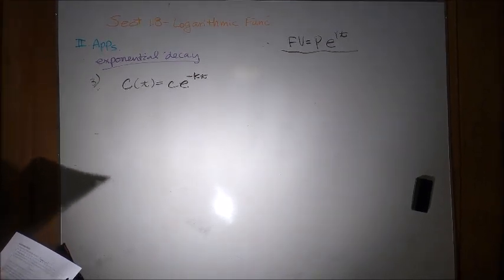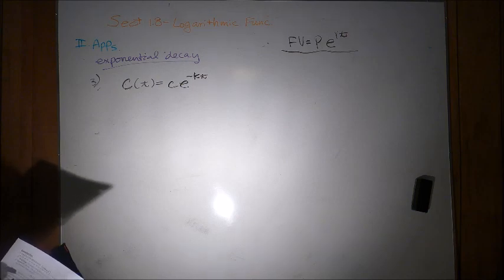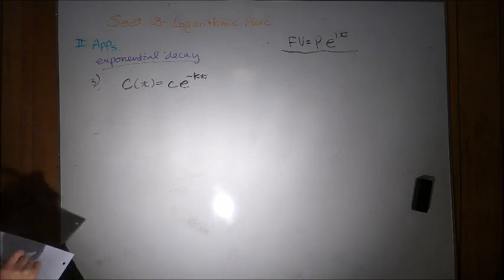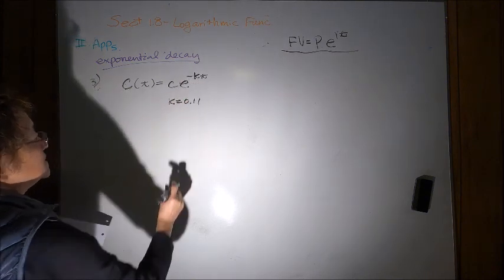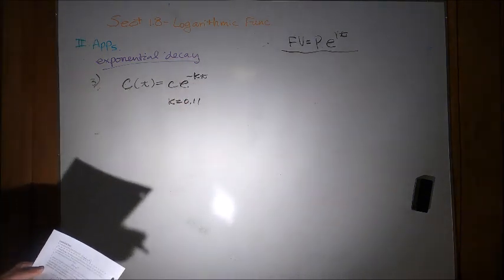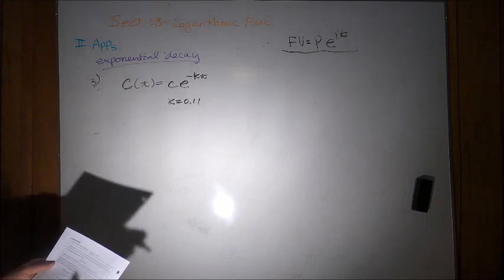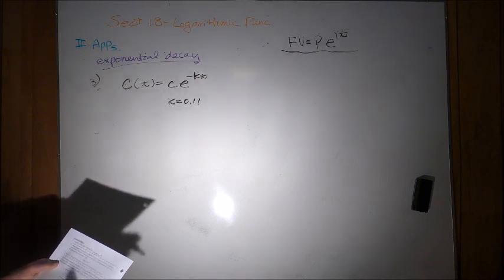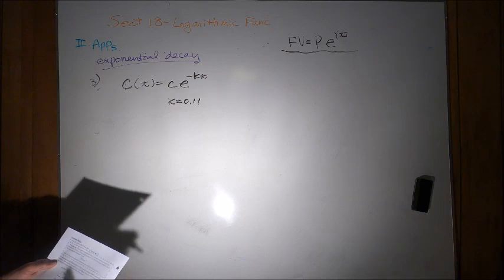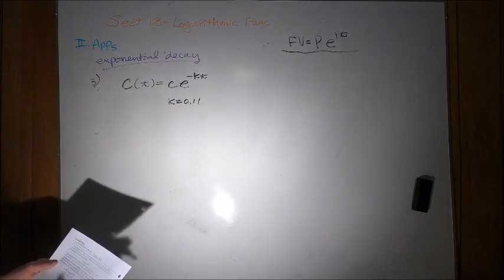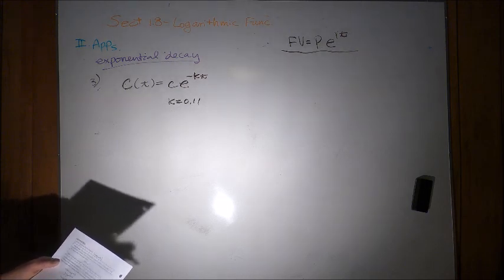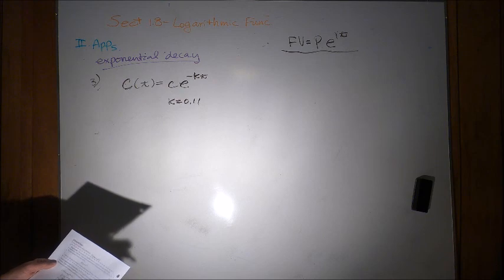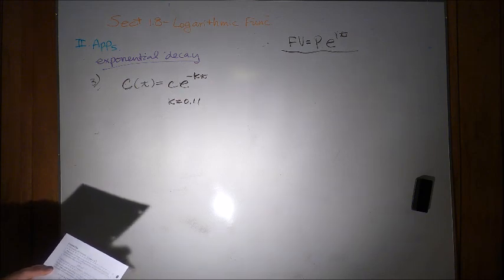It says the absorption constant for penicillin is K, which is 0.11%. And the minimum effective concentration is 2 milligrams. If the original concentration is 5 milligrams, find out when another dose shall be administered in order to maintain an effective concentration.